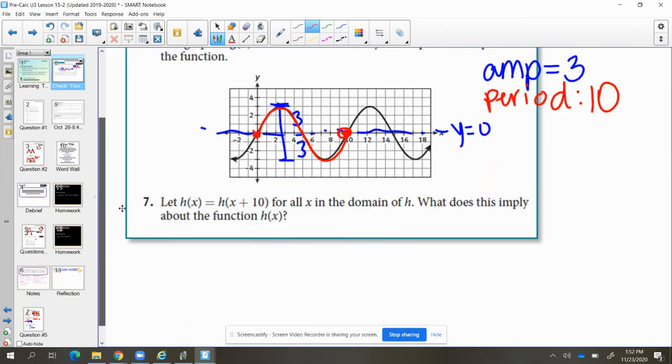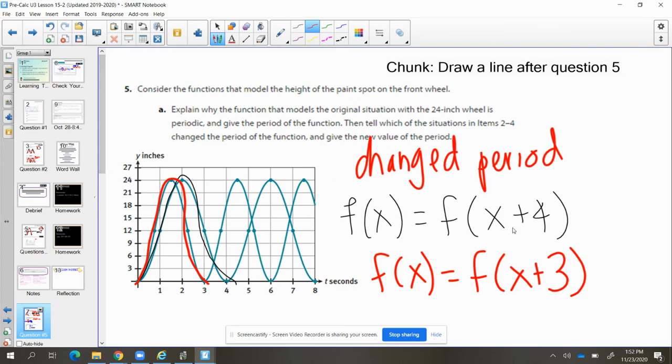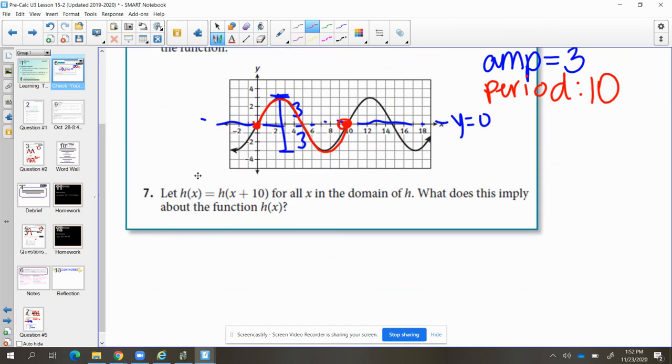Now also dealing with the period is this piece here, okay? Because if we look back at the problem we were talking about on the last page, we said, okay, the original took to repeat itself, it was back to the original location, x plus 4. Or for the transformed function here, was x plus 3 because it repeated after 3. So when they're just telling you this piece here, what does this imply about the function?